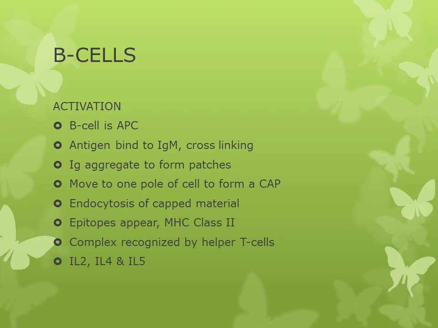This slide shows how a B cell is activated. As we all know, the B cell is an antigen presenting cell. Numerous antigens bind to the surface IgM and cause cross linking of adjacent immunoglobulin molecules. These cross linked immunoglobulin molecules aggregate and result in the formation of patches.